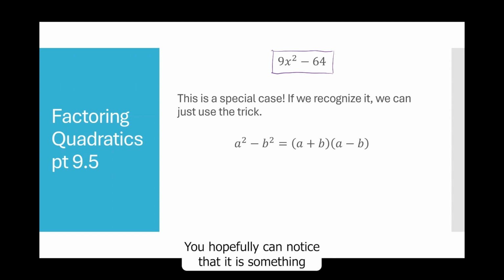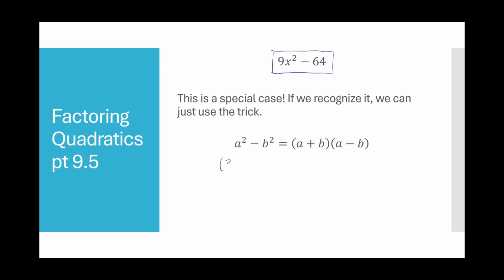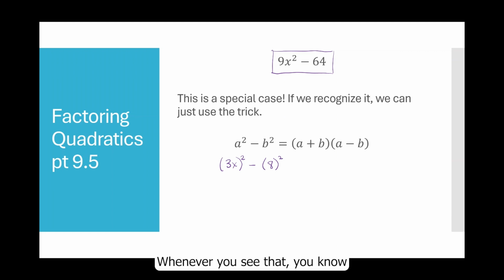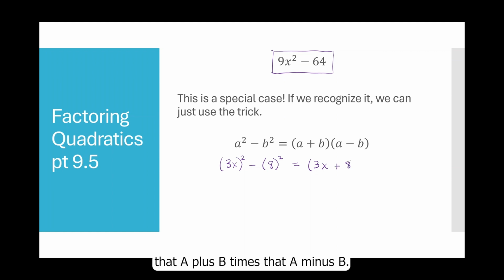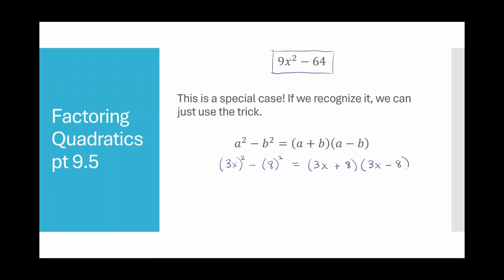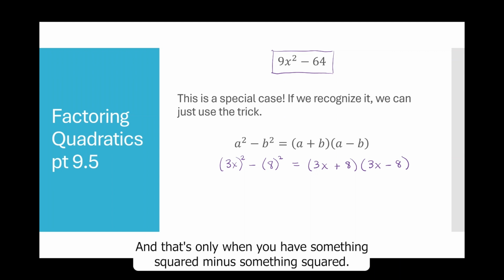You hopefully can notice that it is something squared minus something squared. Whenever you see that, you know that it's going to factor to that a plus b times that a minus b. And that's only when you have something squared minus something squared.